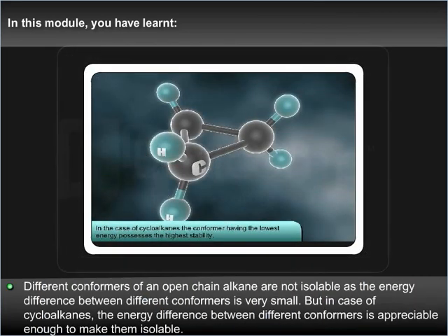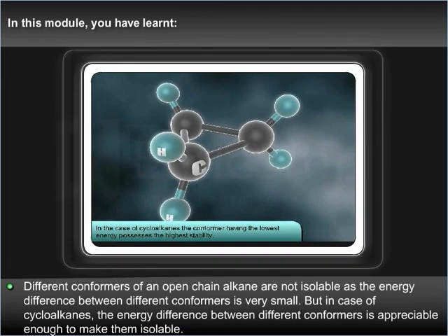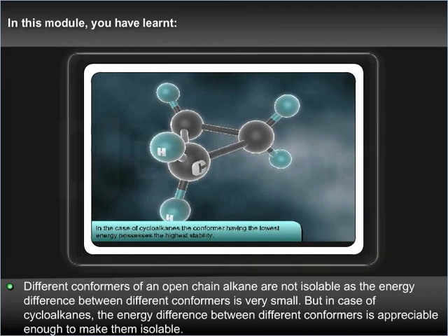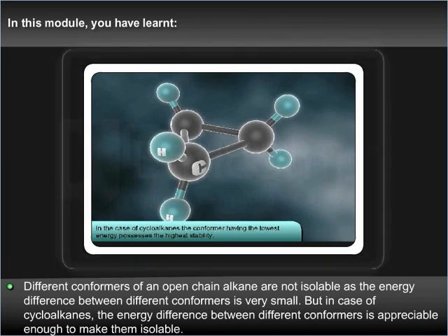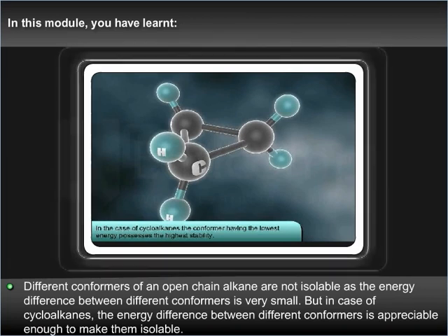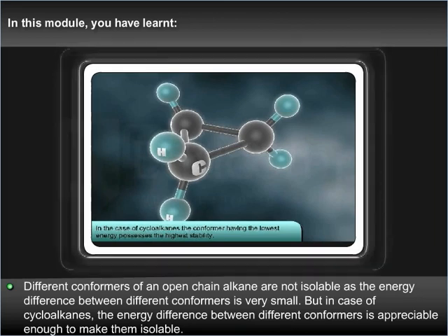Different conformers of an open-chain alkane are not isolable, as the energy difference between different conformers is very small. But in the case of cycloalkanes, the energy difference between different conformers is appreciable enough to make them isolable.